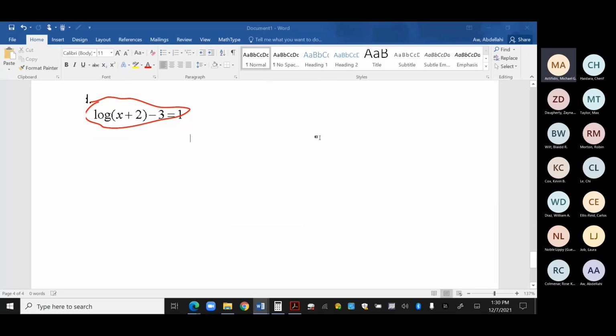Of course, we just did it last week. Of course, you have to get the log by itself, right? So we say plus 3 on both sides. So we get log of x plus 2 equal to 4.